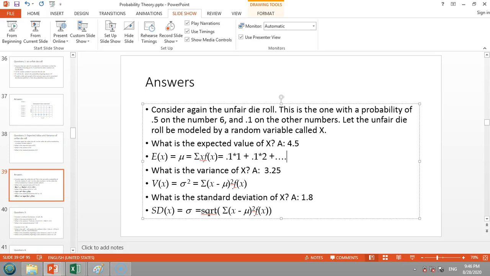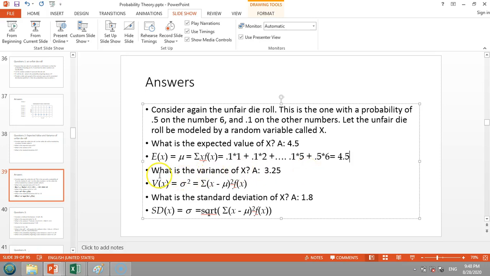You continue on to 0.1 times 5 plus 0.5 times 6. So I multiply each one of the possible outcomes times the probability. If you do the math, that should equal 4.5.